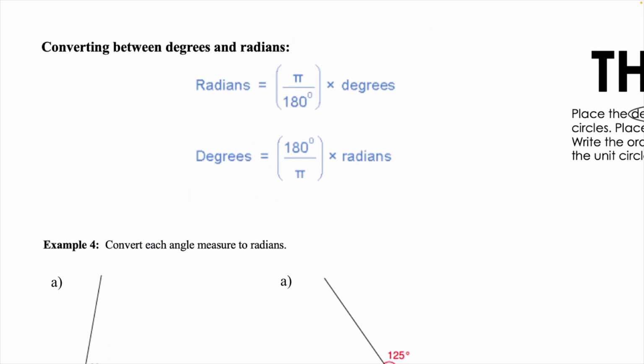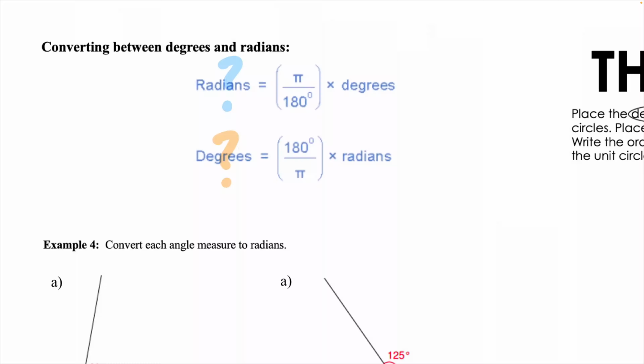When do we know when to use one formula and not the other? Well, it depends on what the question is saying. If the question is asking for radians, you use the first formula. If the question is asking for degrees, you use the second formula. Simple as that. Just what are they asking? What is the question asking?